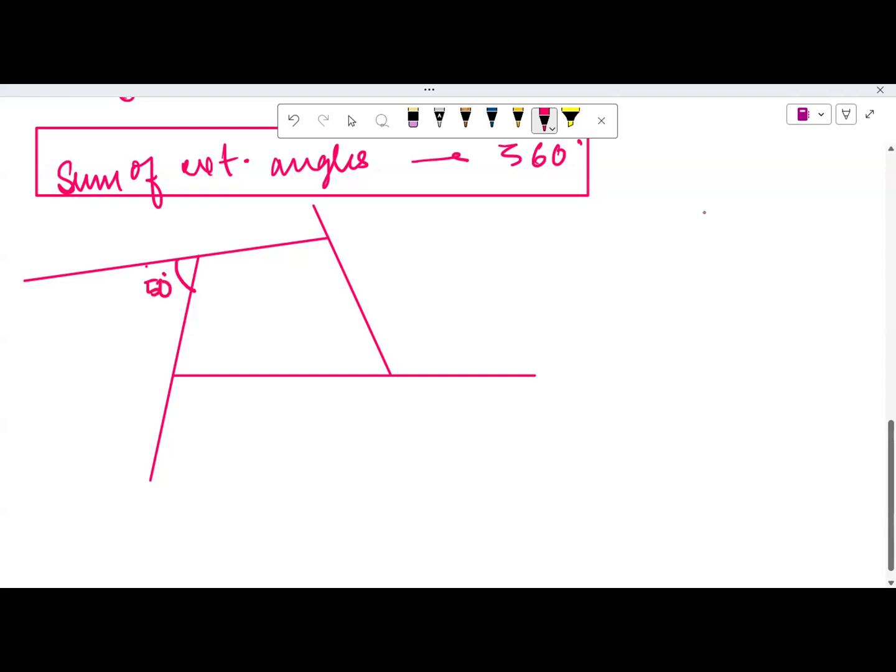Now you have been given a figure with angles 110, 50 degrees and 90 degrees. Find the value of x. 110 plus 50 plus 90 plus x is equal to 360. 360 minus 110... Just solve it and tell me. You don't have to dictate how to do it. I've given this question for you to solve.